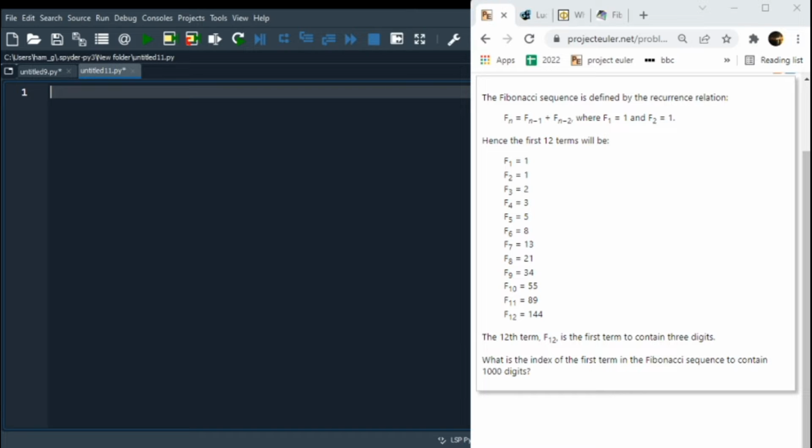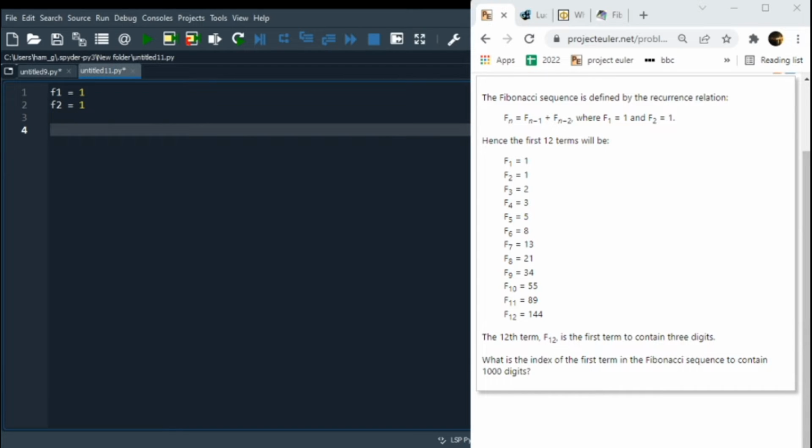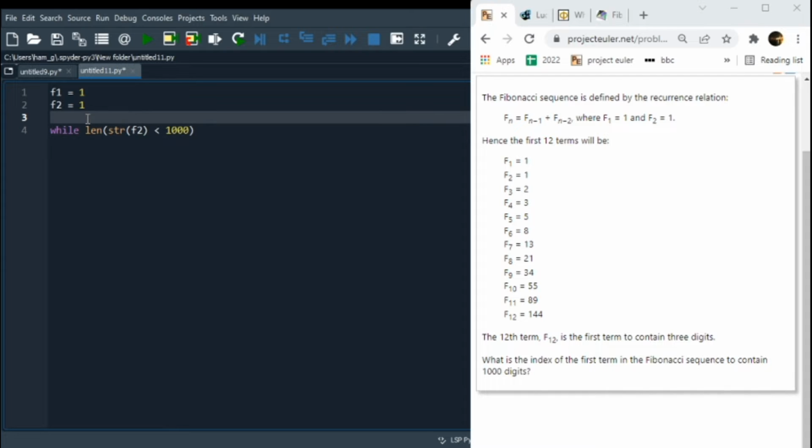Nice and easy. So f1 equals 1, f2 equals 1, while length of the string of f2 is less than 1000. Oh, we need something to contain the index as well. So i equals 2.